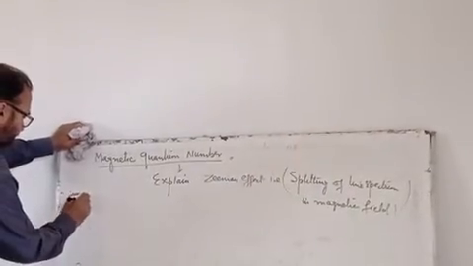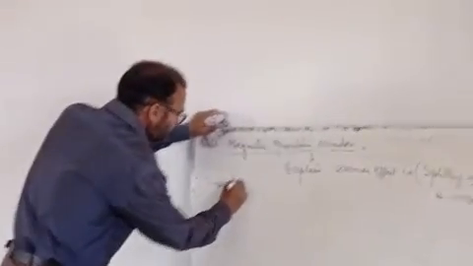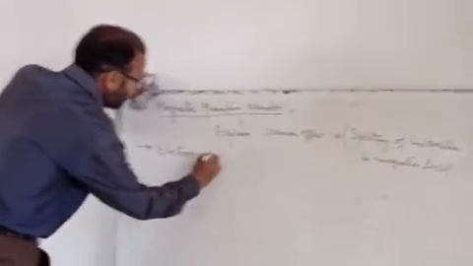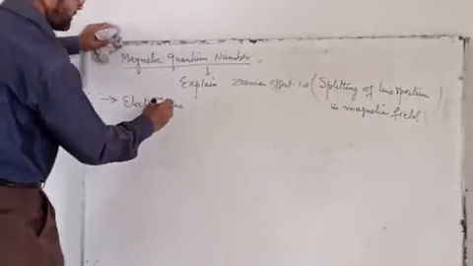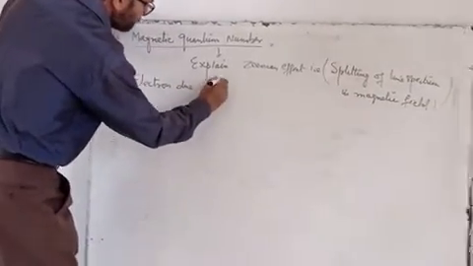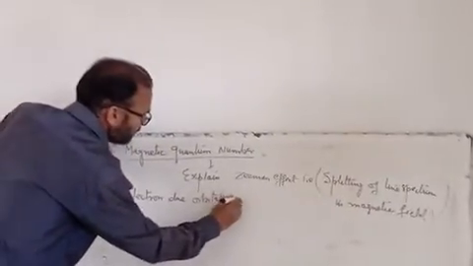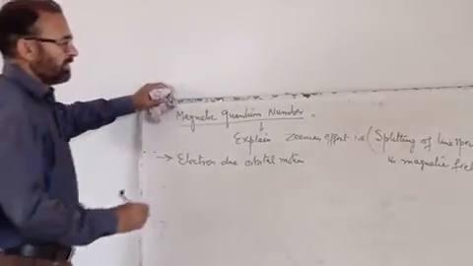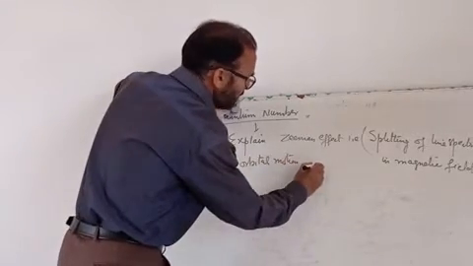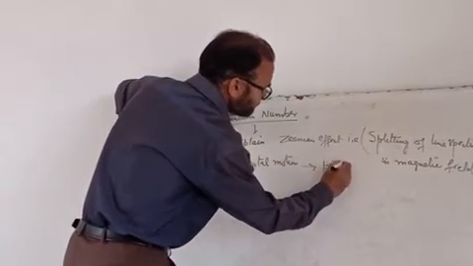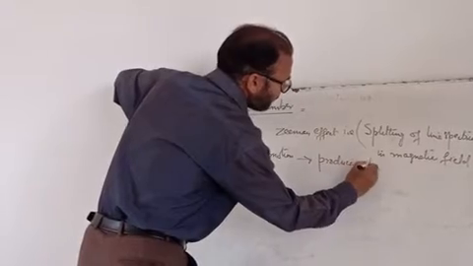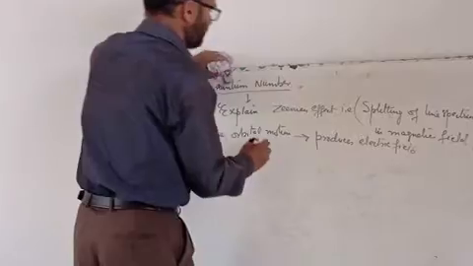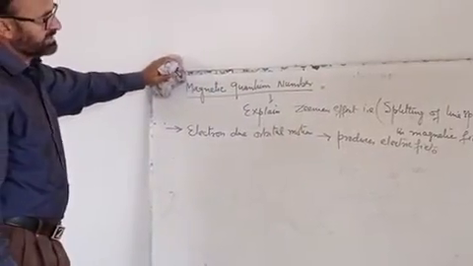Now, you know, the electron, due to its angular momentum, due to its orbital motion around the nucleus, produces an electric field.